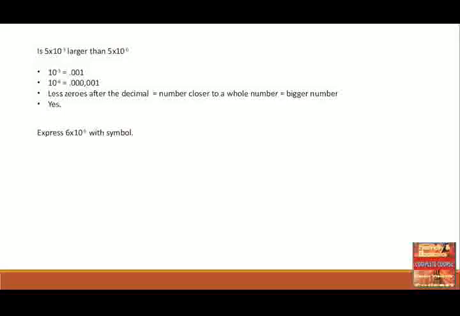So the fewer zeros after the decimal, the larger the number is, because it is closer to a whole number. So yes, 5 times 10 to the negative 3 power is larger than 5 times 10 to the negative 6th power.